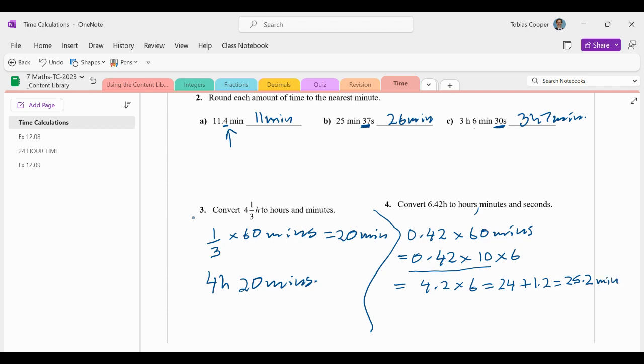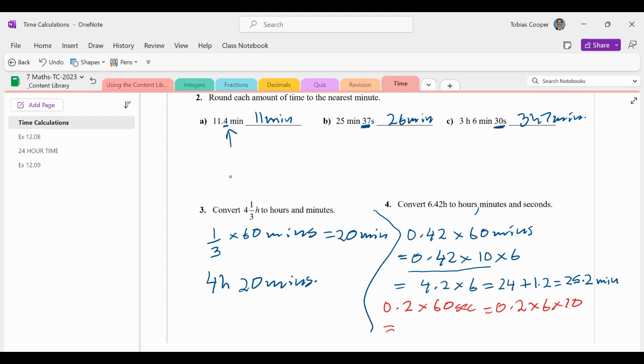Okay, now we need to find what 0.2 of a minute is to get our answer in seconds. So 0.2 times 60. Now that'll be, well, let's think about this. No, it should be seconds. We need seconds here, so I'll put seconds first. And then we'll do our little calculation, which will be 0.2 times 6 times 10.